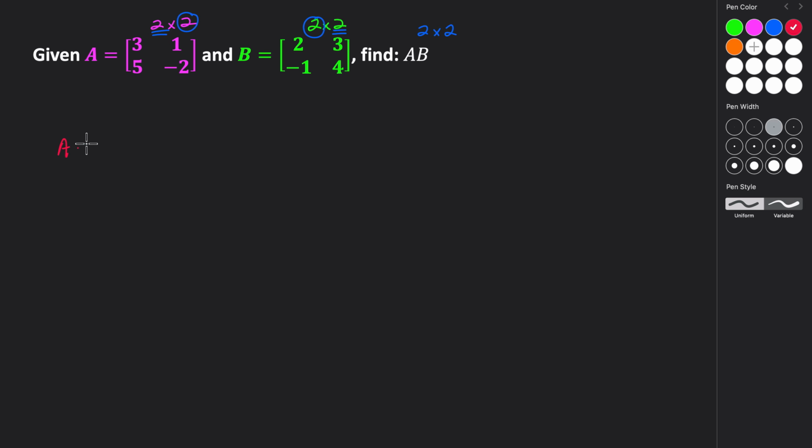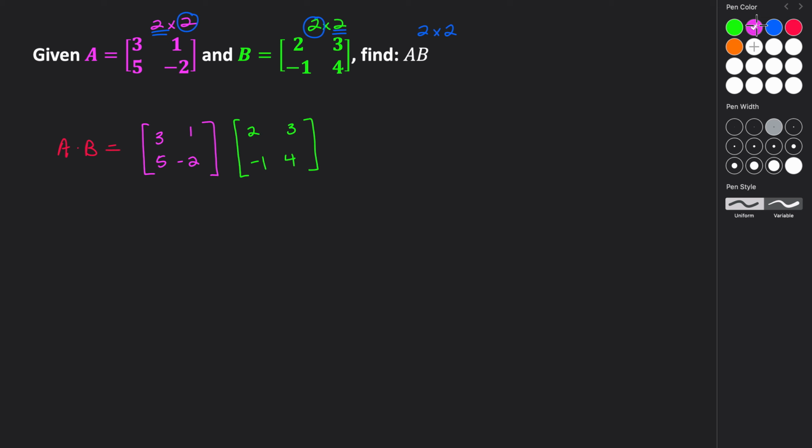If I'm trying to do A times B, I'm going to take my first matrix, A, which is 3, 1, 5, negative 2, and multiply it by B, which is 2, 3, negative 1, 4.